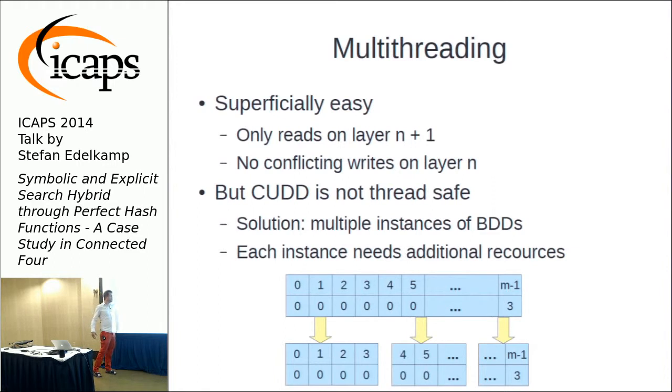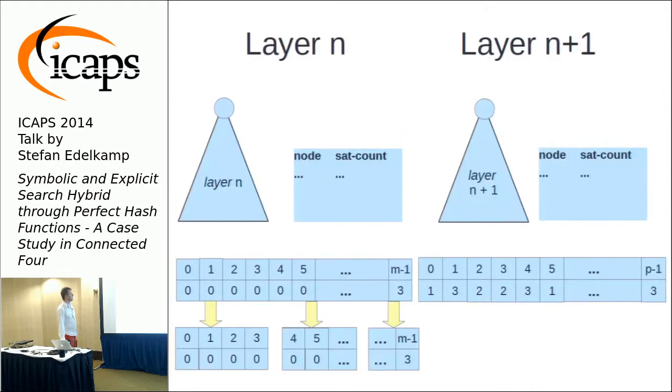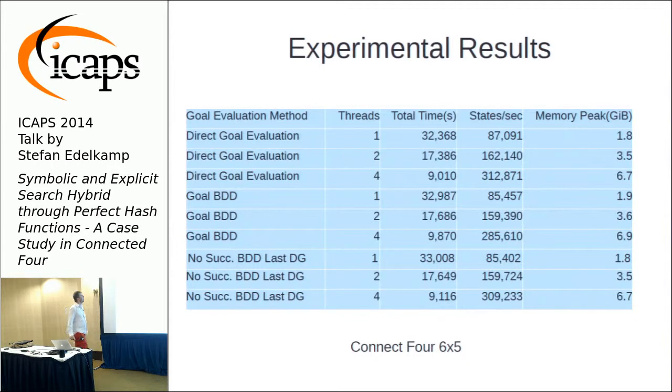But with CUDD, we could not do this. So for the BDD, we could not get concurrent access easily. So in some cases, you will see it, if we have more threads, then we have several instances of CUDD. So this costs us a bit, but because the BDDs are smallish, it's not as bad. So you will see it here on the time, and we are interested in the memory peak.